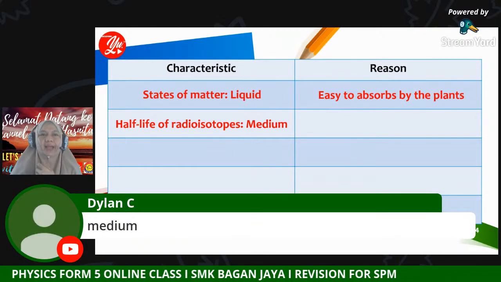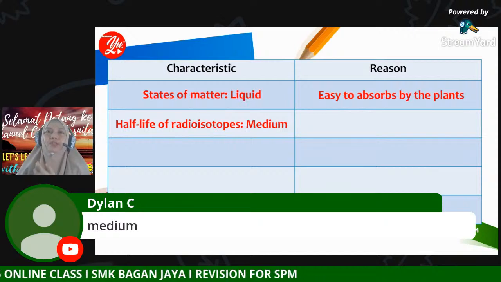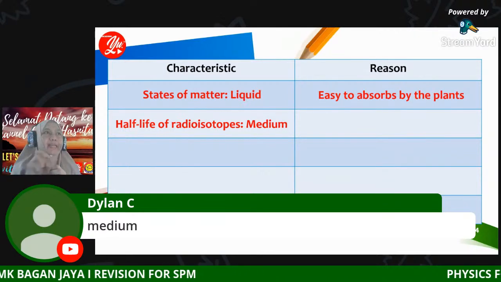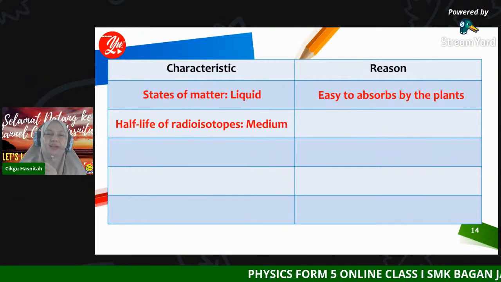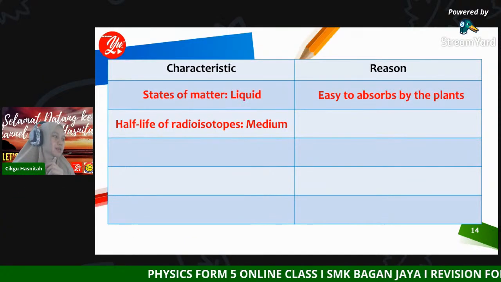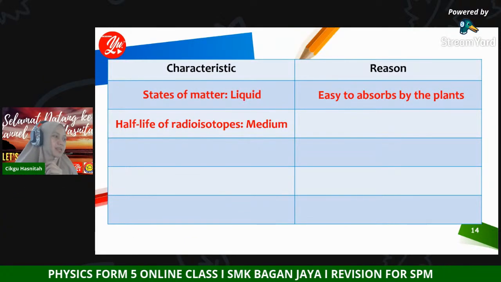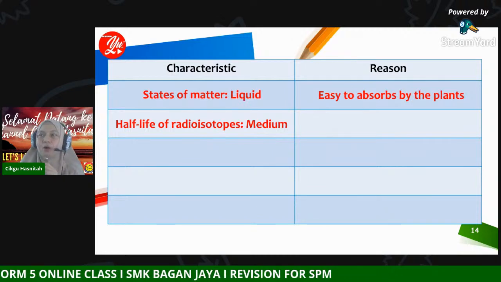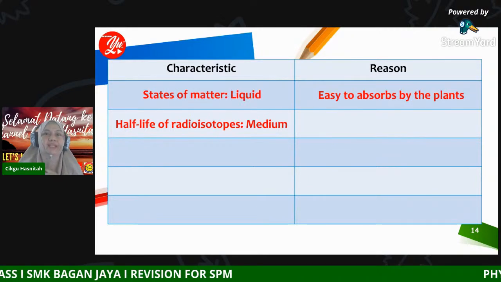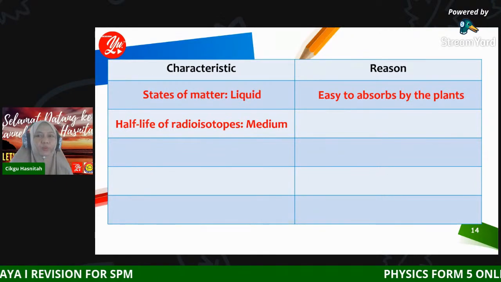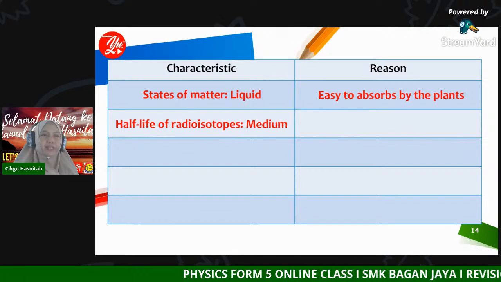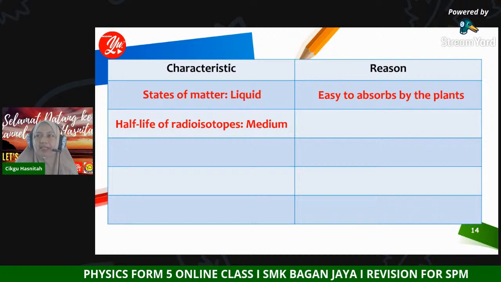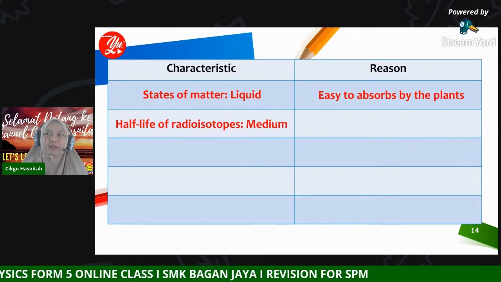Why must we choose a moderate or a medium half-life? So what is the reason? The answer is correct, moderate or medium. And what is your reason for saying so? Why do we choose a medium half-life of radioisotopes?